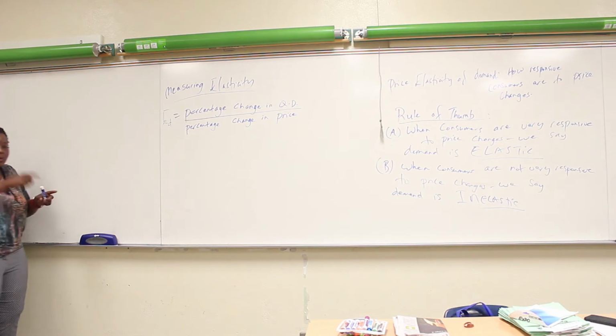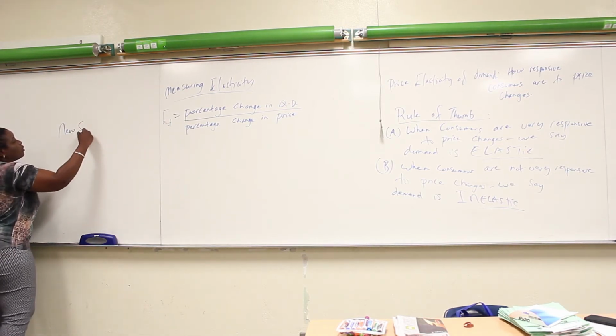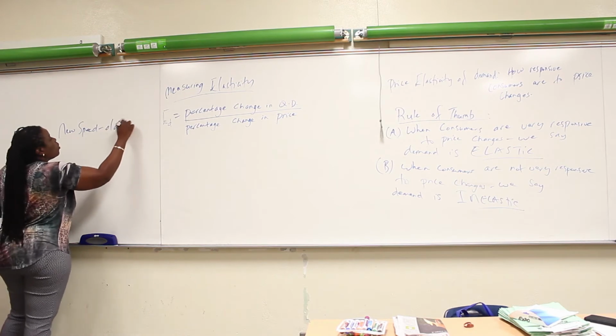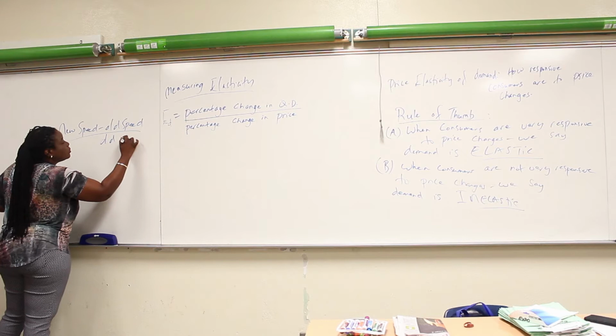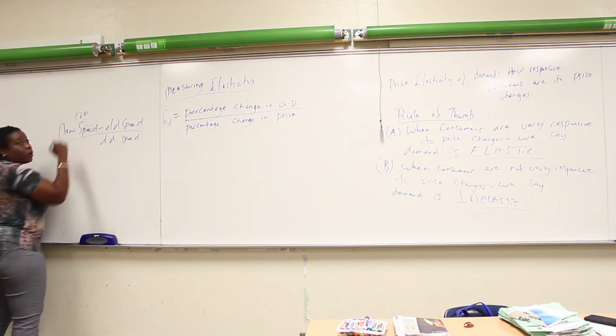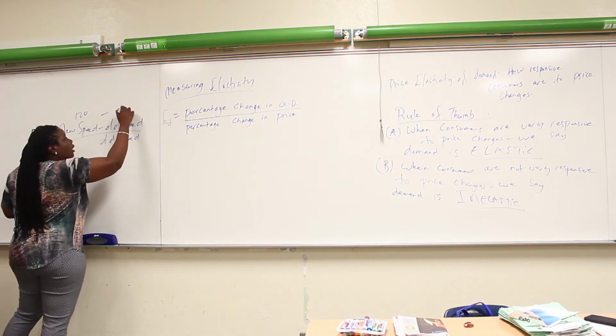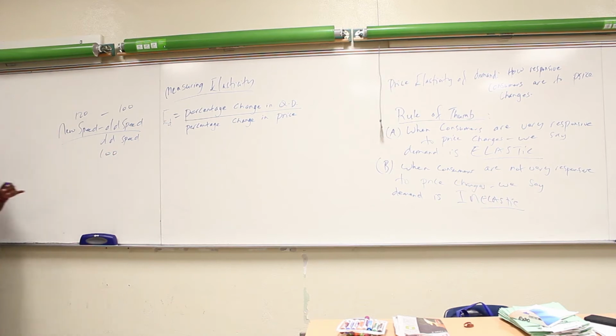What you did in your head was this: new speed, you subtract the old speed, and you divide that by the old speed. That's how you calculate percentage change. You took 120 miles per hour, subtracted 100 miles per hour, and divided it by 100 miles per hour, and that's how you got 20%.